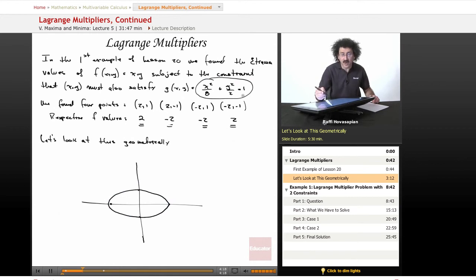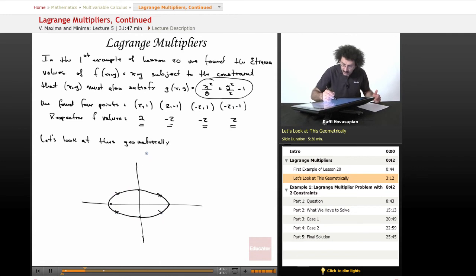The distance from the center to this vertex is radical 8, and to this one is radical 2. Which points on here actually maximize? Well, we found these points: (2, 1), (-2, 1), (-2, -1), and (2, -1).